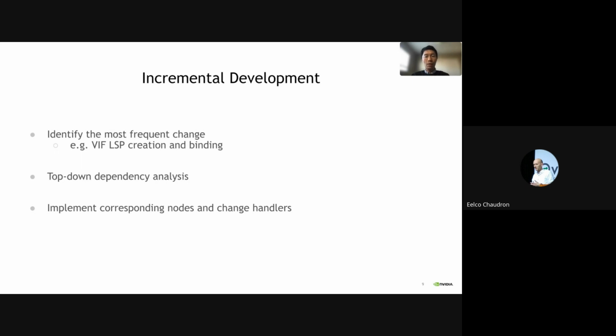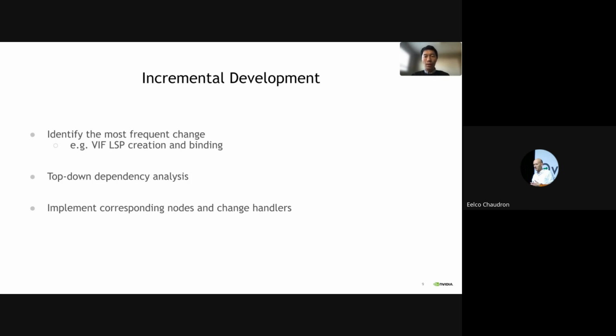The first thing is to identify the most frequent changes, which are the bottleneck of scalability. For example, the VIF logical switch port creation and binding related changes, which are directly related to virtual machine or container creation and deletion, obviously the most frequent events happening in any data center.